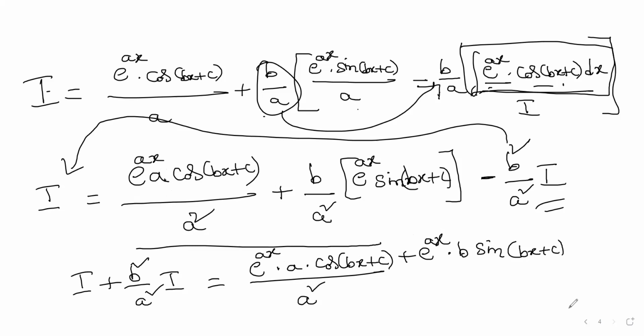So let's evaluate this further. When I transported to the other side, this is I plus b square by a square multiplied by I on this side. This side, I can take e power ax into a cos bx plus c.